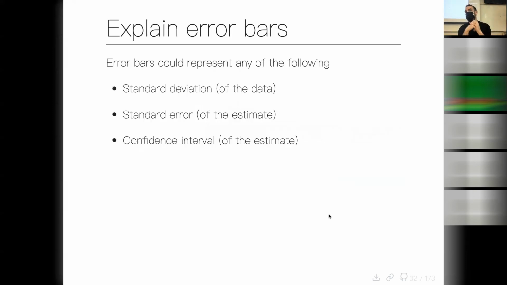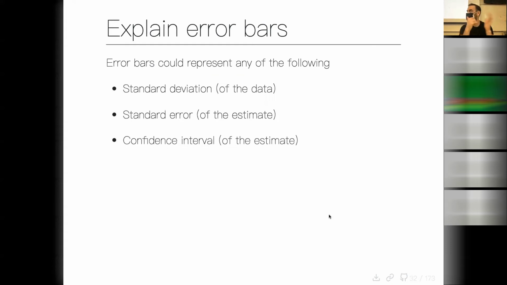The other thing that I think is very important about error bars, that is fairly regularly not the case, is that error bars are presented, but they are not explained, because error bars can represent a bunch of different things, right? They can, and very often do, represent the standard deviation of the data. So you can have a point estimate with the standard deviation of the data around it.